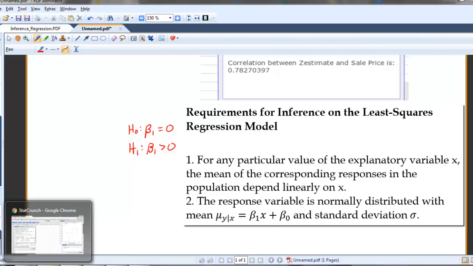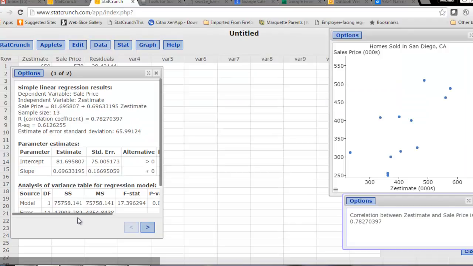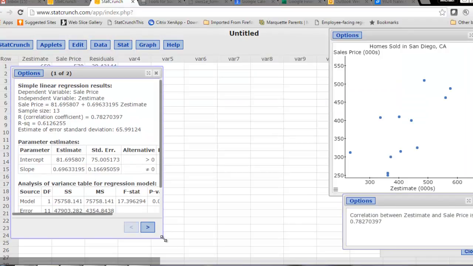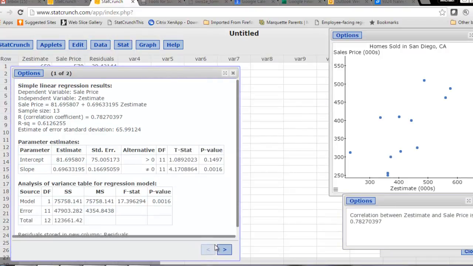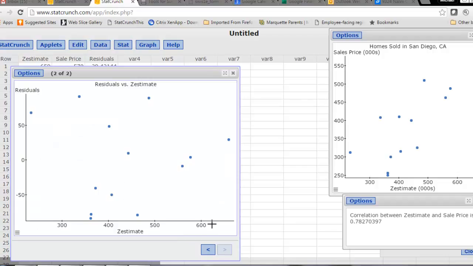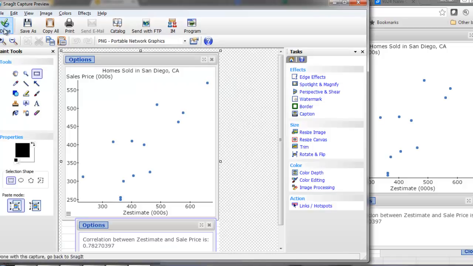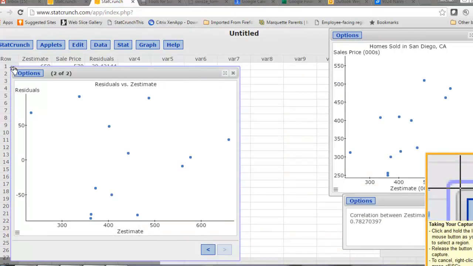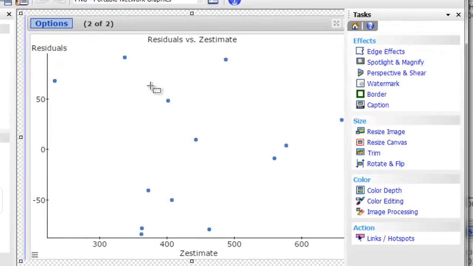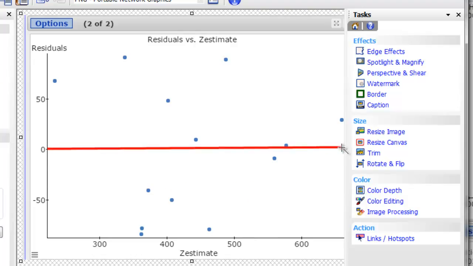To check to see if a linear model is appropriate, if you go back to your StatCrunch output, remember we asked StatCrunch to draw a residual plot. There's your residual plot. In a residual plot, remember, you basically want these data to be evenly distributed about a horizontal line, y equals 0. Because right there is where the residuals equal 0.